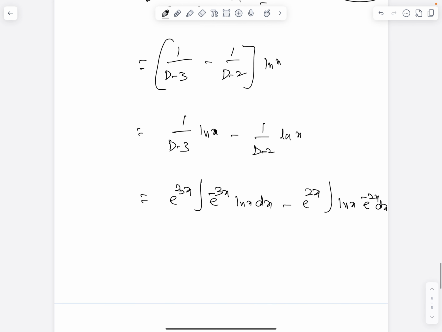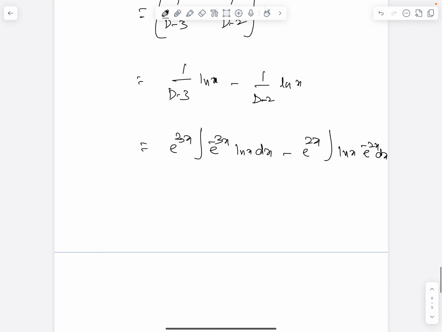So, this is not easy to handle, because whenever you have an exponential integration, it eventually leads to a simple form. Whenever integration of e power x ln of x dx is there, even if you use integration by parts, you will be getting integration of e power x divided by x dx as a second part, which is nowhere going to end.